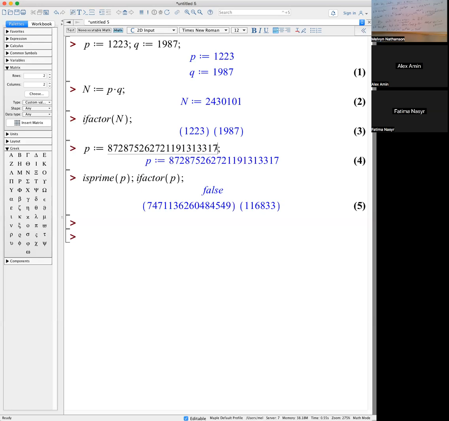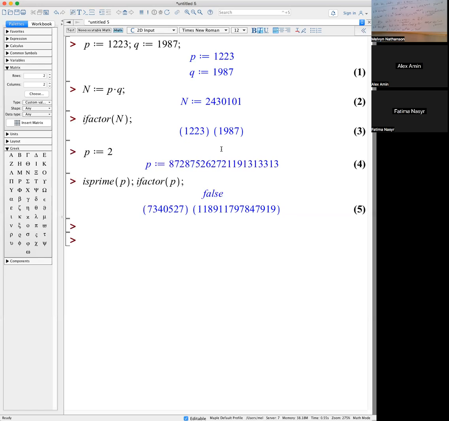Still not a prime. Make it easier. How to find a prime? Ah, so here we have a prime number. Okay, that's good.